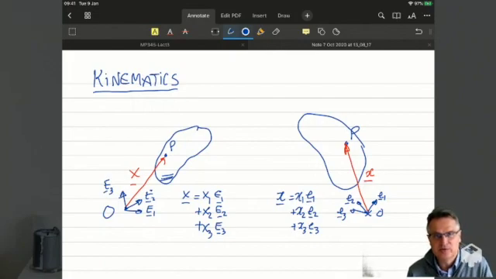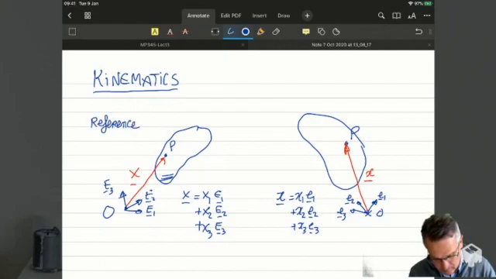And so I'm going to have to distinguish those two states. They are called configurations, right? The one on the left, that's called the reference configuration. I want to call it PR.